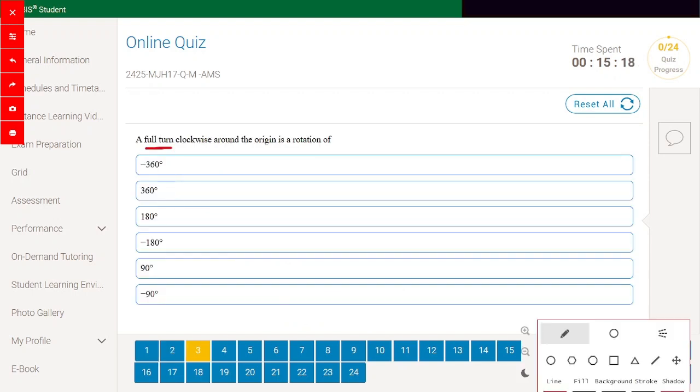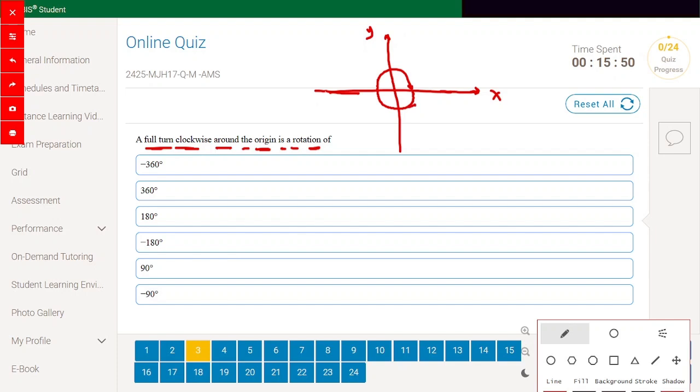A full turn clockwise around the origin is a rotation of. Now, here, a full turn clockwise around the origin. So we will draw the coordinates. We have x and y. So he's telling us about a full rotation, clockwise.